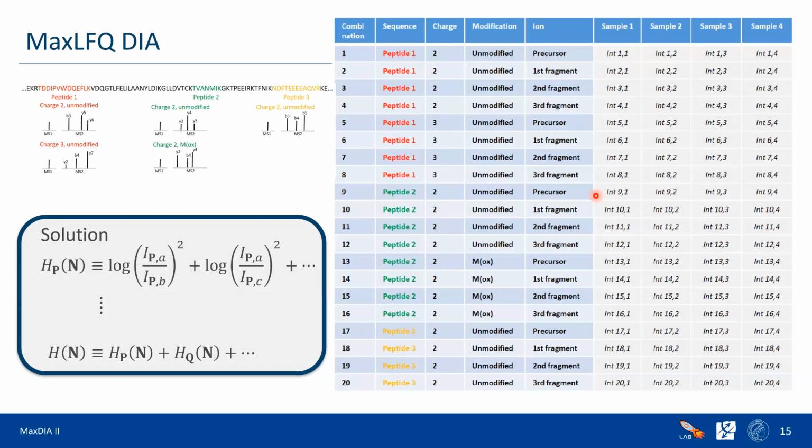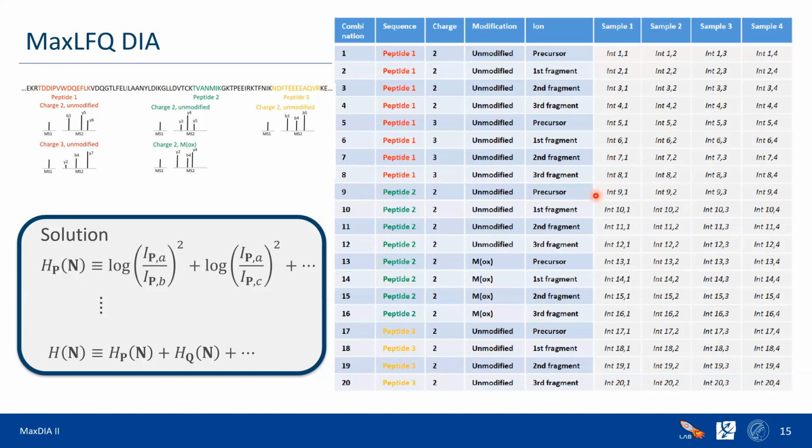Basically, the normalization is going to work the same. We're going to compare intensities between samples for the same peptide, for the same fragment. We take one fragment and compare all ratios between samples. And this is a very natural extension of the MaxLFQ algorithm.